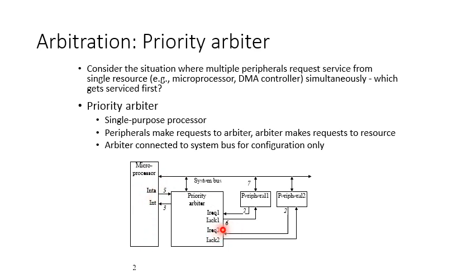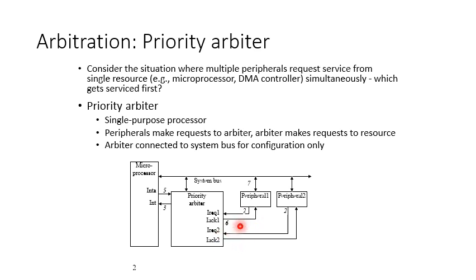Each peripheral is connected to the system bus as well as to the priority arbiter. Peripheral 1 is connected to the priority arbiter through interrupt request 1, and peripheral 2 through interrupt request 2, with acknowledgement 1 for peripheral 1 and acknowledgement 2 for peripheral 2.